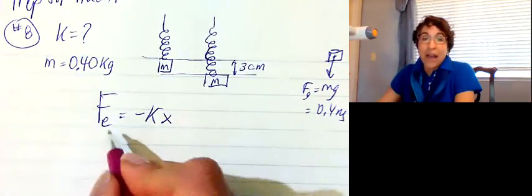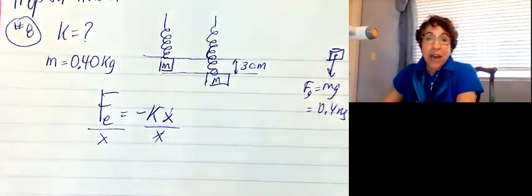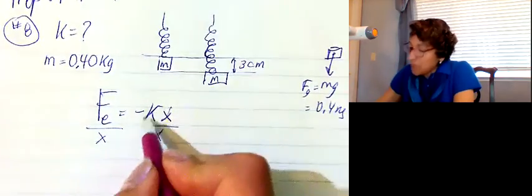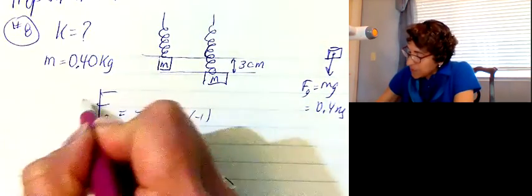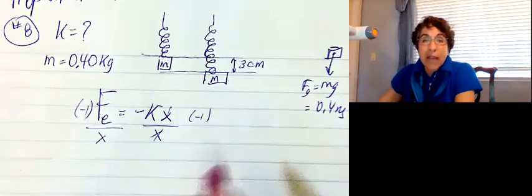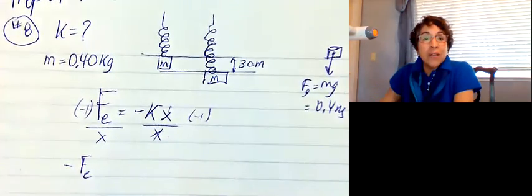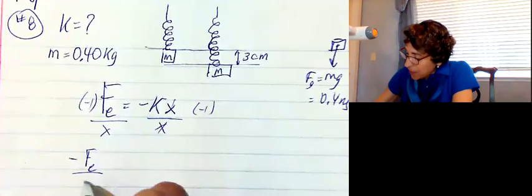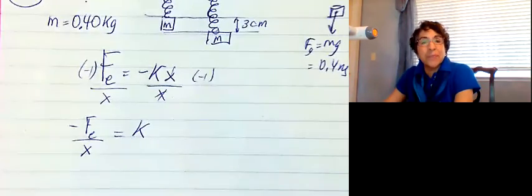All right, I'm going to divide by X on both sides. My X cancels out. Okay, so I'm going to put a negative on the other side there. Multiply -1 to both sides. All right, so now I'm going to have negative the elastic force divided by the displacement is equal to the spring constant.